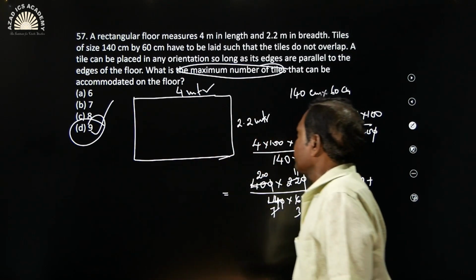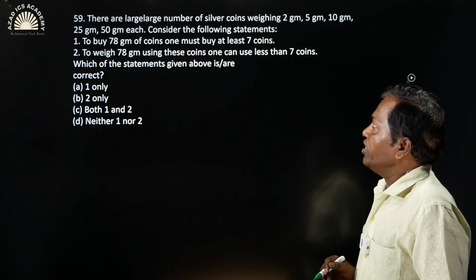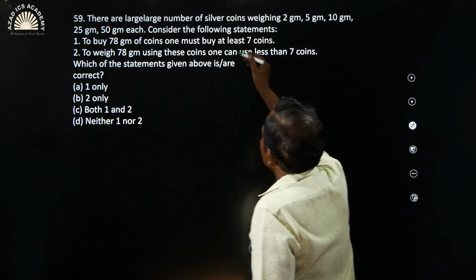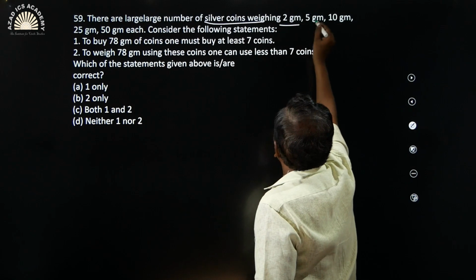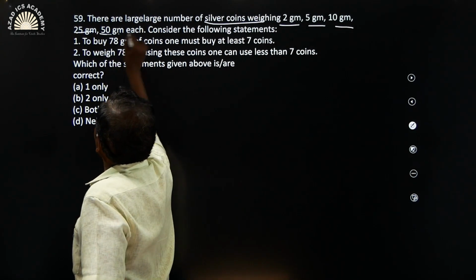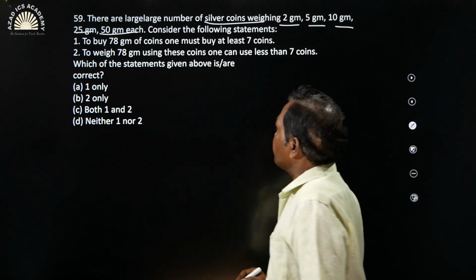Right, see question number 59. There are a large number of silver coins weighing 2 gram, 5 gram, 10 gram, 25 gram, 50 gram each. Consider the following statements.